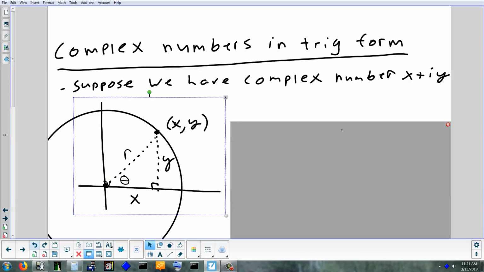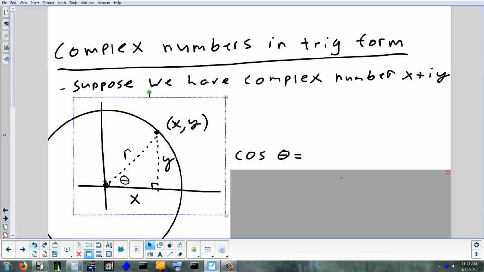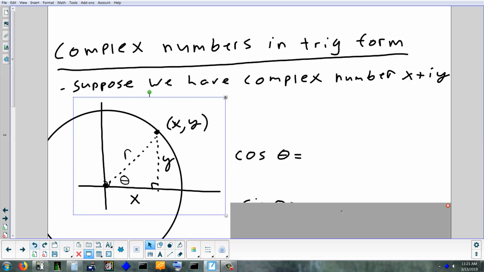All right. So let's see if we can come up with a way to get rid of the x and the y and replace it with an r and a theta. Okay. Let's start with the cosine of theta. What's cosine? What over what? Adjacent over hypotenuse. What side is adjacent to theta? x, yes.